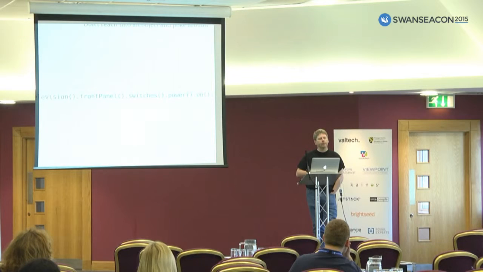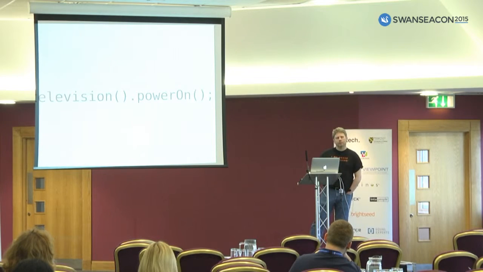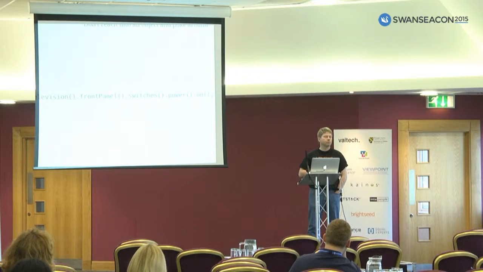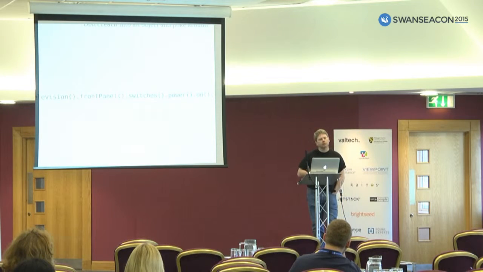Something a lot better would be this, power on. So it's a matter of lacking abstractions in many cases. This example clearly lacks a lot of abstraction. It's possible to work with code like this, but it's unnecessarily complicated. So this is a lot better.